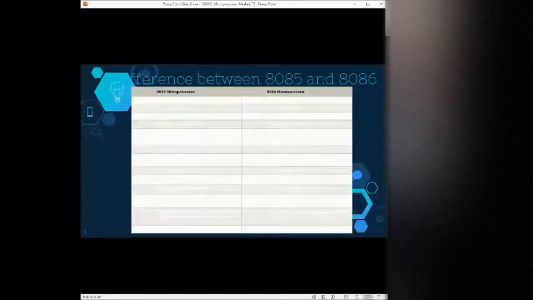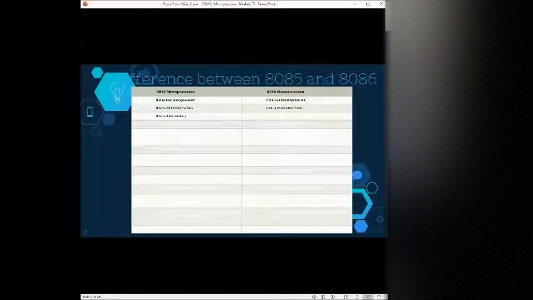Now, the difference between 8085 and 8086. The 8085 is an 8-bit microprocessor, while 8086 is a 16-bit microprocessor. The 8085 has a 16-bit address line, while 8086 has a 20-bit address line. The 8085 has an 8-bit data bus, while 8086 has a 16-bit data bus.